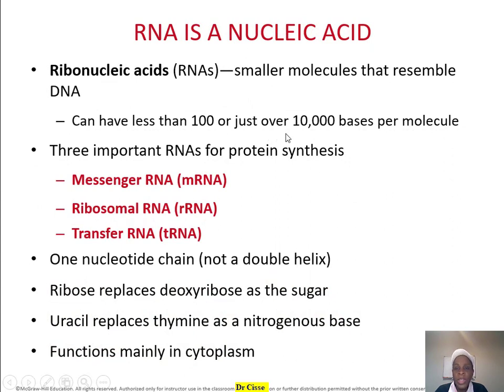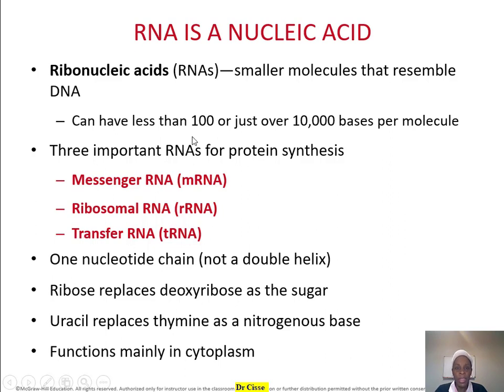So, what is the connection between DNA and RNA? Now we know the RNA, for example, the mRNA, is just a copy of the DNA. But mRNA, messenger RNA, is not the only type of RNA. We got 3 types of RNA: messenger RNA, ribosomal RNA, and transfer RNA.